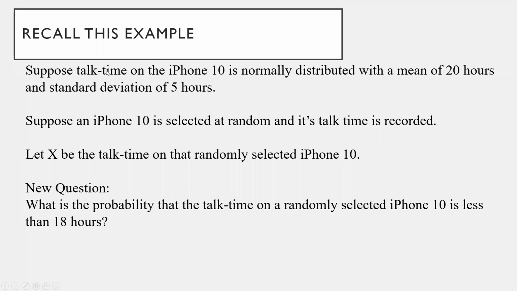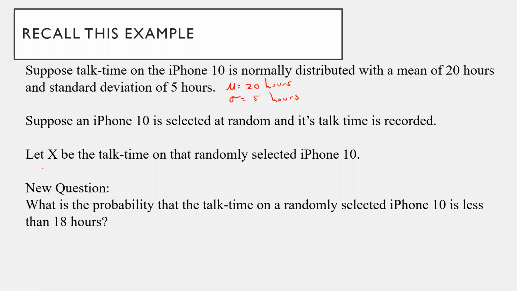I think this is the exact problem we were doing last class: suppose talk time on the iPhone 10 is normally distributed with a mean of 20 hours and standard deviation of 5 hours. Does this ring a bell? Okay.